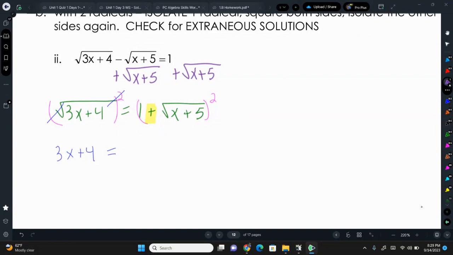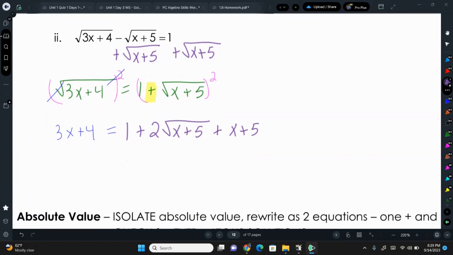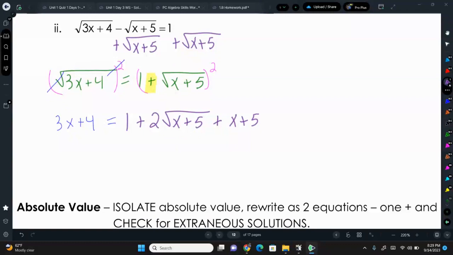So it's going to be 1 plus 2 times the square root of x plus 5 plus x plus 5. So I just used the shortcut. You can FOIL it out if you would like. And that's why we were saying that if you knew the shortcut, it makes other things a lot easier. That became much easier to multiply out.